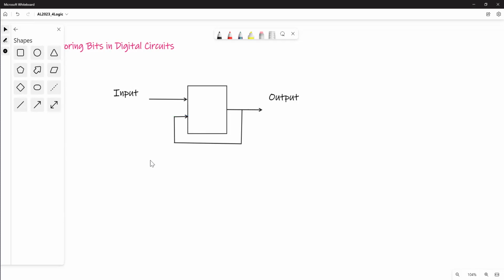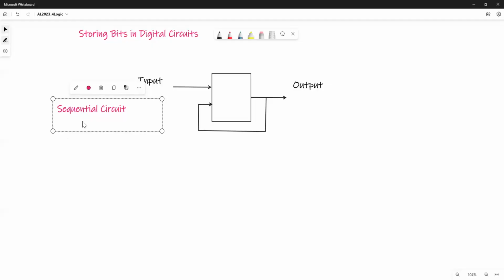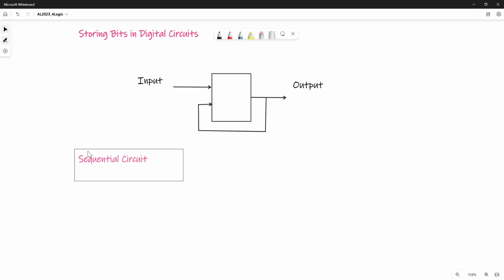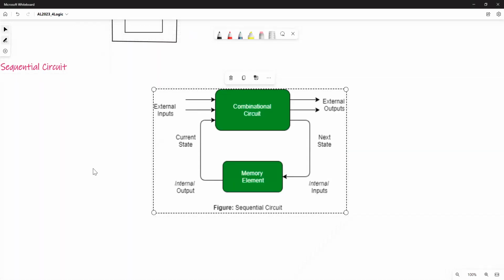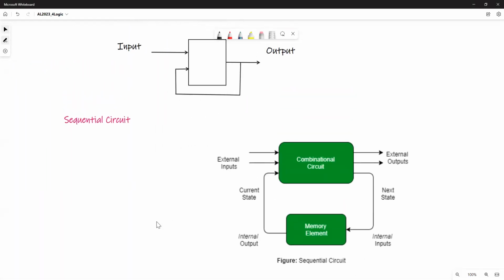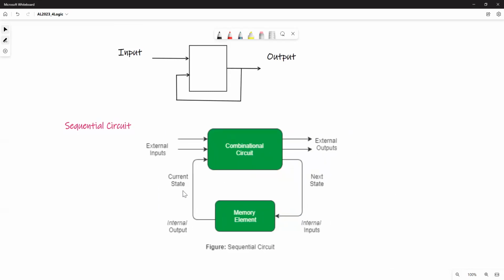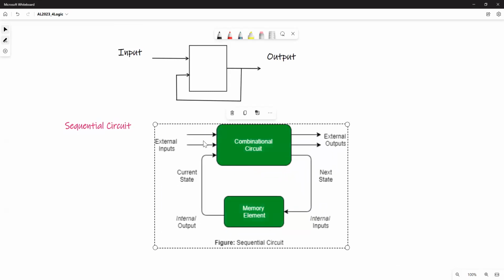Let's write down output, underlining it. So sequential circuit means we have inputs and outputs, similarly.